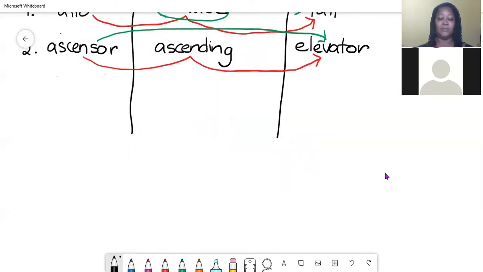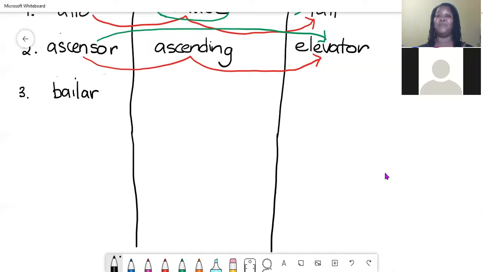Número 3. Bailar. Think about it. What does bailar resemble? And whatever it resembles, what is that similar to in terms of the real meaning of bailar? Bailar resembles ballet. And ballet has to do with dance.